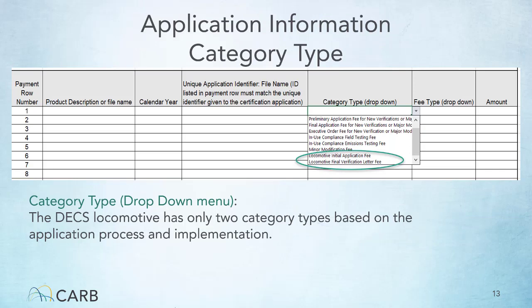The next section is category type. The DEX Locomotive has only two category types based on the application process and implementation. These two categories can be seen inside the green oval in the picture. You can select the proper category type from the drop-down menu.